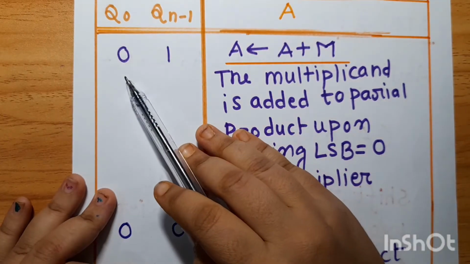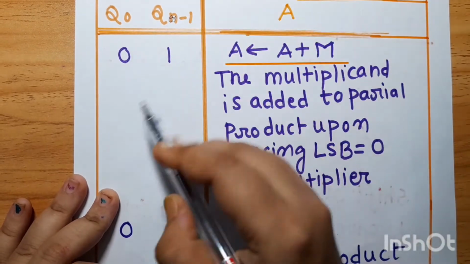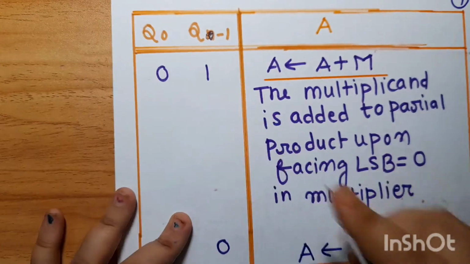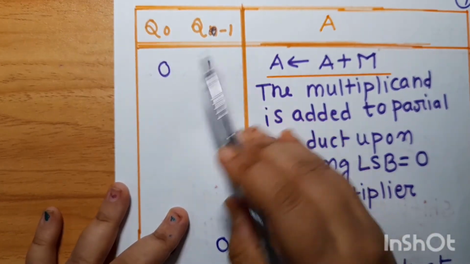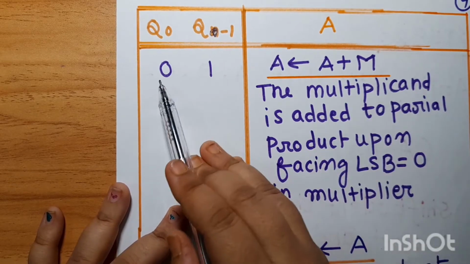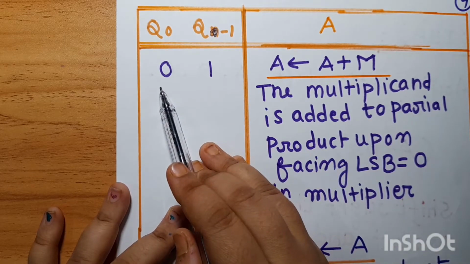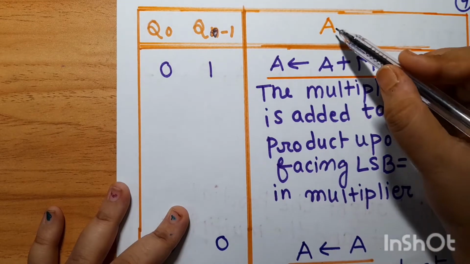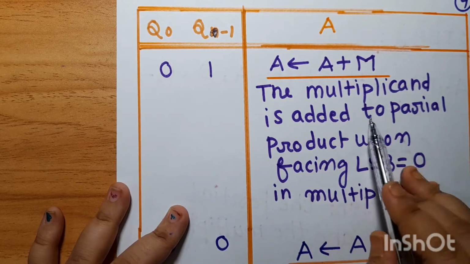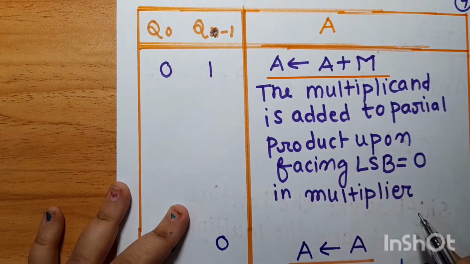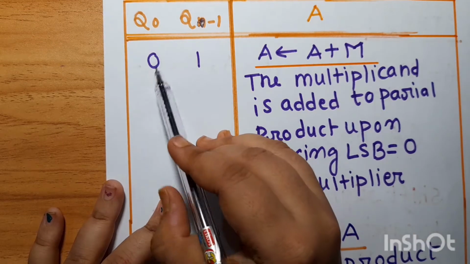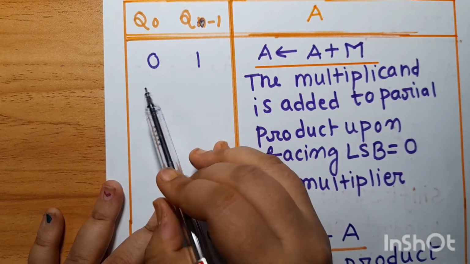Now again I am checking, here please note it is q minus 1, okay, q0 and q minus 1. If it is 0 1, that means the LSB of the multiplier is 0. So a will be updated to a plus m. The multiplicand is added to the partial product upon facing the LSB equal to 0 in the multiplier. Here the multiplier LSB value, q0, is 0.